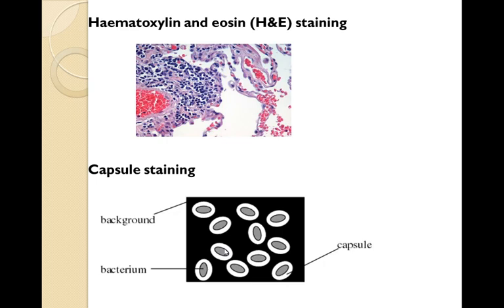So the capsule, which is non-ionic, will remain unstained. Bacterial capsules are non-ionic, so neither acidic nor basic stain will adhere to their surface. Therefore, the best way to visualize them is to stain the background using an acidic stain and to stain the cell itself using a basic stain, that is the capsule staining.